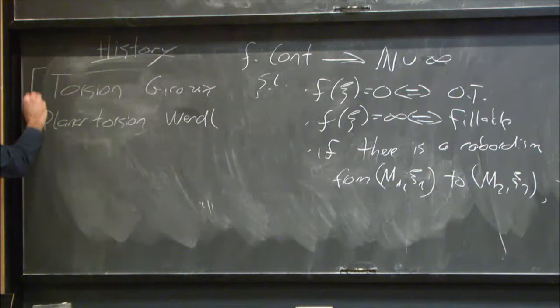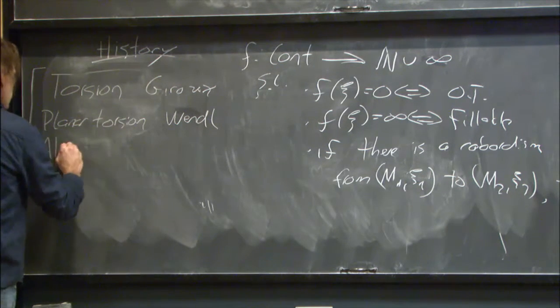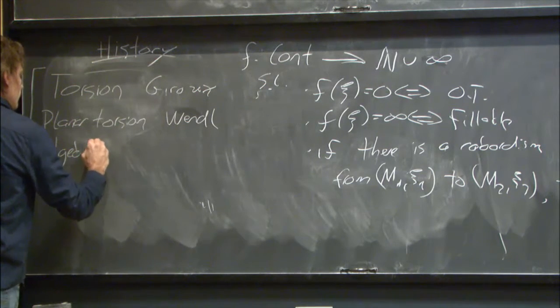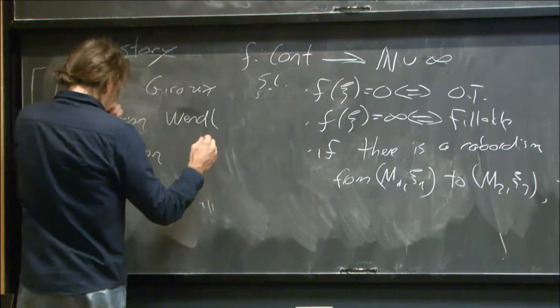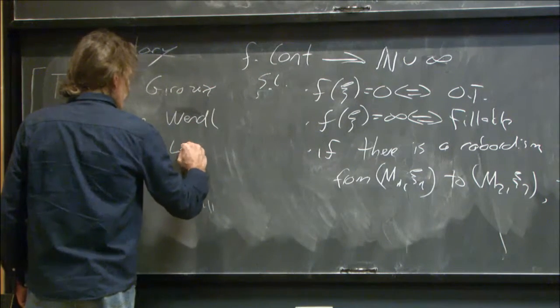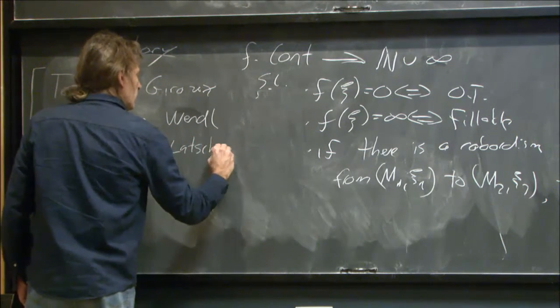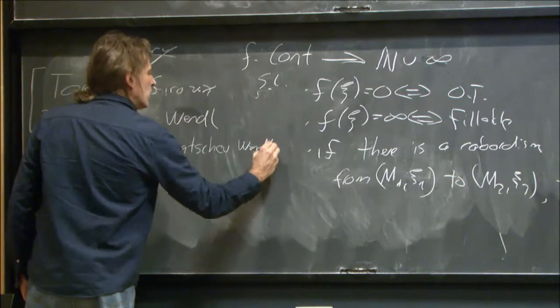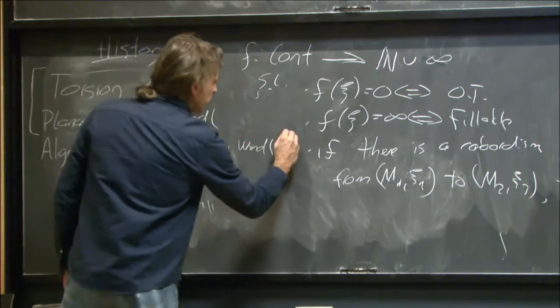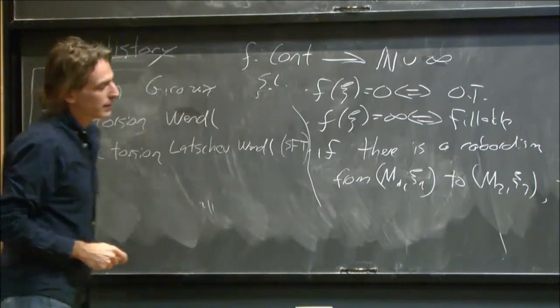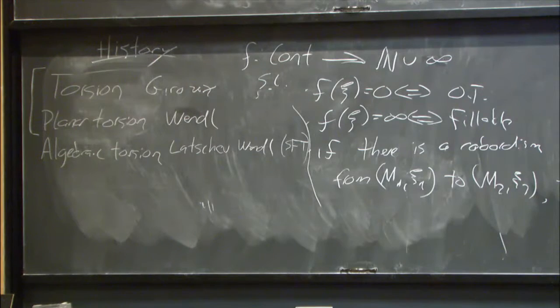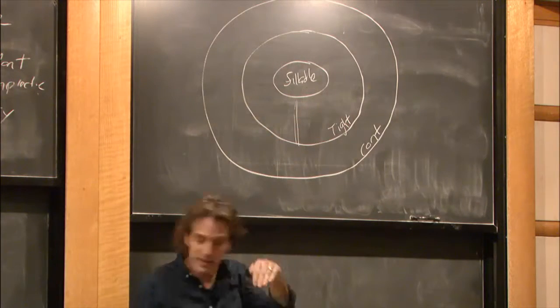So these are sort of very topological theories. And then there's an idea of algebraic torsion, which was set up in the world of symplectic field theory by Lachov, Wendell, and I'll write an SFT next to that. So this is something which, again, takes the second approach, starting from the world of pseudo-holomorphic curves and whatnot, and trying to work down.